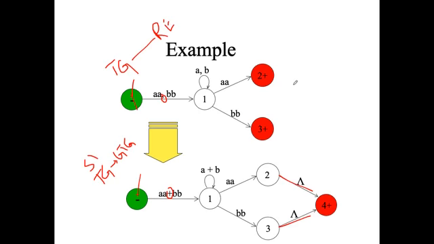Now you remember step number 4 says that if we have multiple paths, this is one path and this is another path, we can remove this by labeling this transition as AA lambda and BB lambda, and combine them into one path by adding a plus in between.